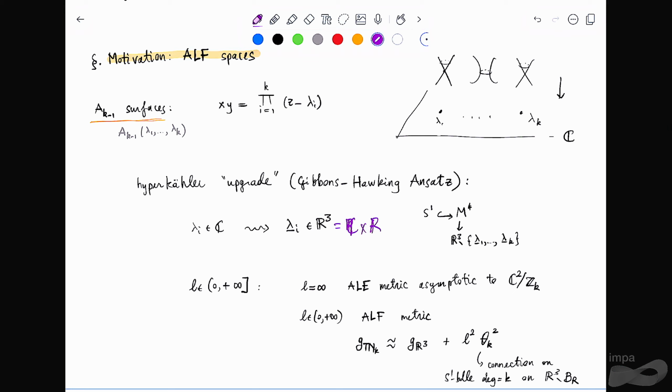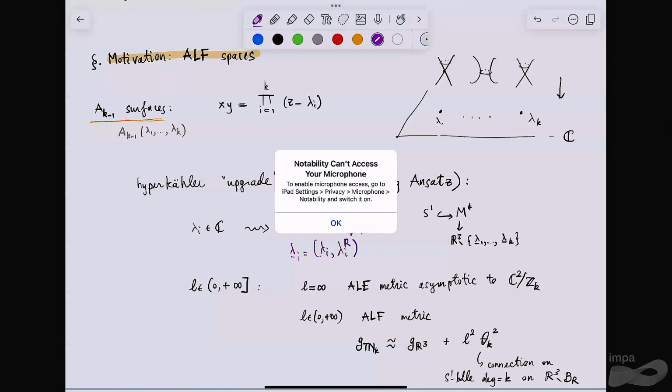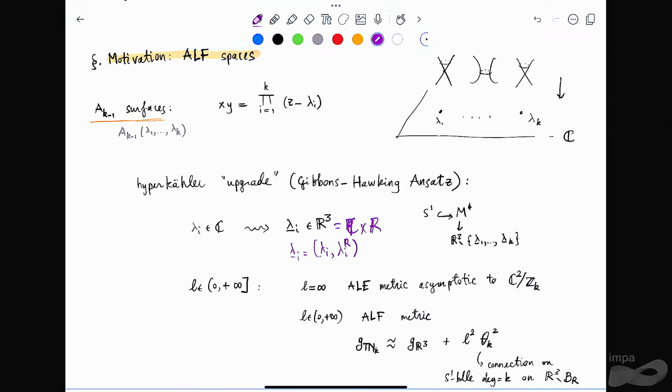So here, this lambda_i, this point in R^3, can be thought of as a point in C plus a real parameter. If we choose the complex structure corresponding to this splitting and the complex parameters are all distinct, then the complex structure of that surface is precisely this affine variety.